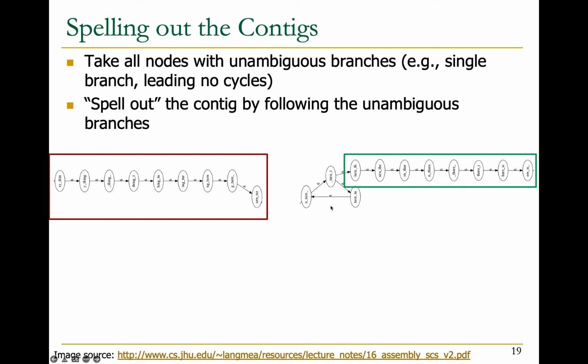We start from the unambiguous node where it doesn't contain any cycle in it, so that we can just continue in a linear fashion without getting into any cycle or any ambiguity.